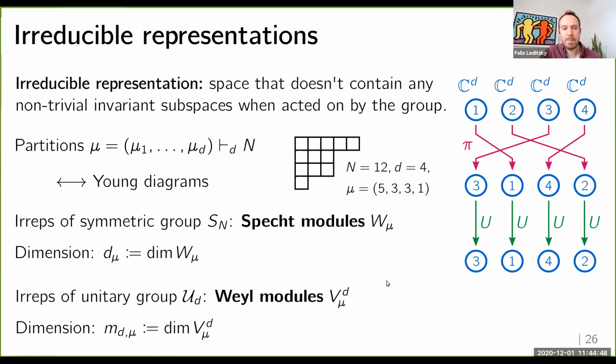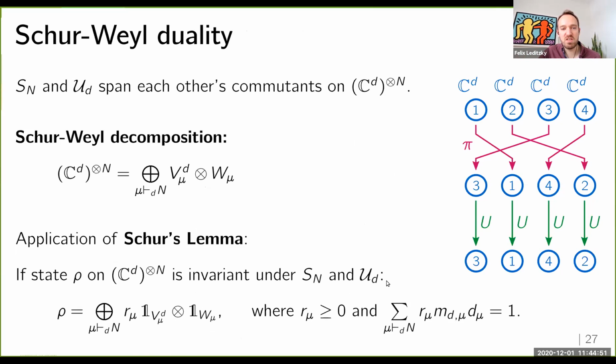Okay, and then when you use this knowledge, you can now decompose your representation space, these n tensor factors of C^d, of the d-dimensional Hilbert space. You can now decompose that space into the irreps of the two groups. So you have a direct sum, which is kind of like this block structure in the matrix that I showed you before.